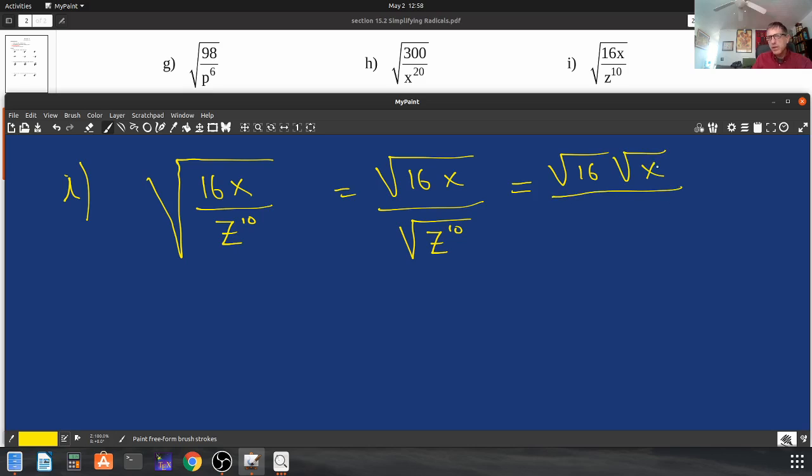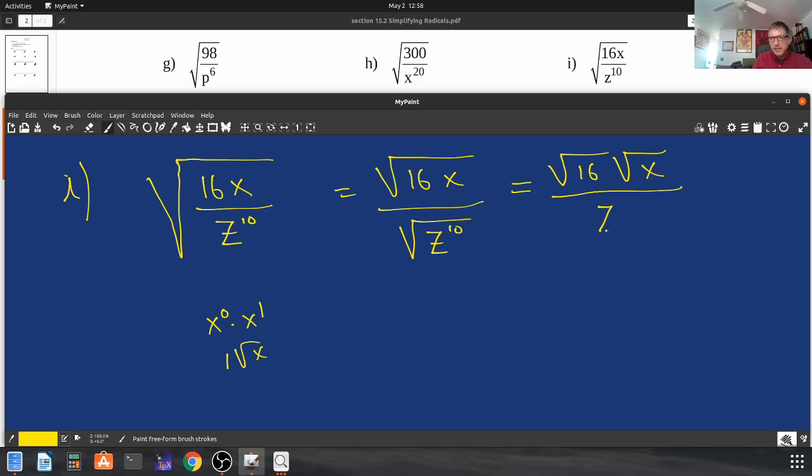Even though 1 is odd, it's not going to do me any good to write x to the 0 times x to the 1, because that just gives me the square root of x to the 0, which is 1, times the square root of x. So that's going to be unsimplifiable.